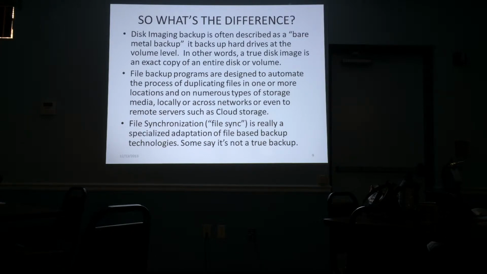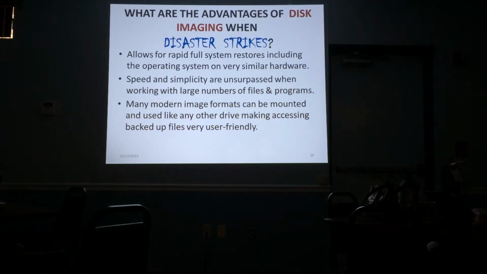File backup does not back up your programs or your operating system. It only backs up data. Disk imaging, the one at the top, is the one that takes the snapshot like a camera of everything on your computer. So with that, we'll move to what happens when disaster strikes.